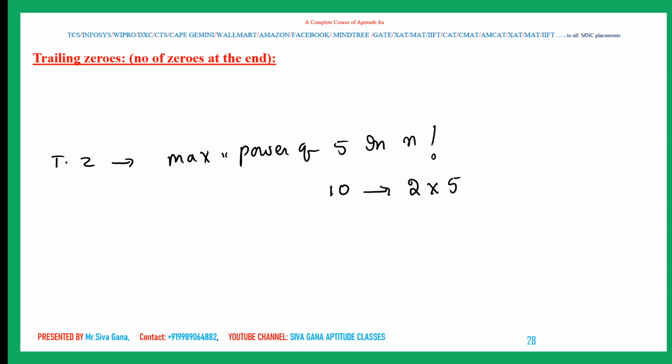But in any factorial, number of 5s are less than number of 2s. So it is enough to calculate maximum power of 5. Maximum power of 2 is not necessary here, because 5s are less. Whatever the less number, that many number of zeros are there.